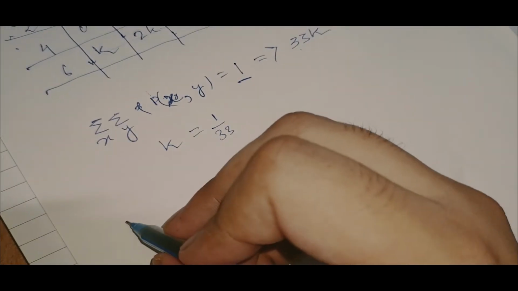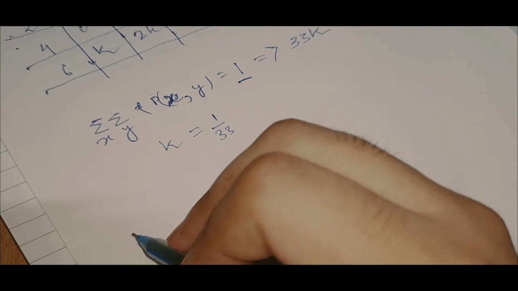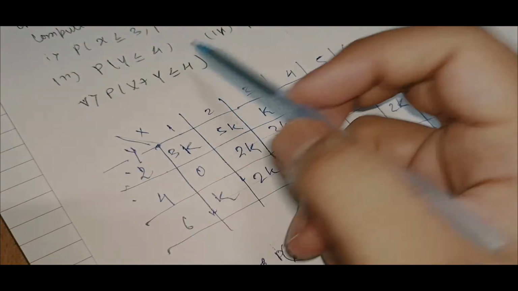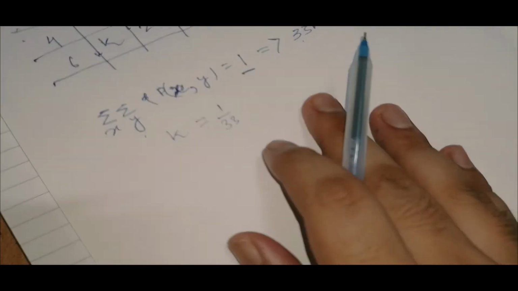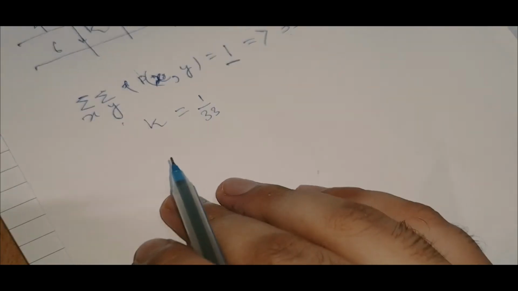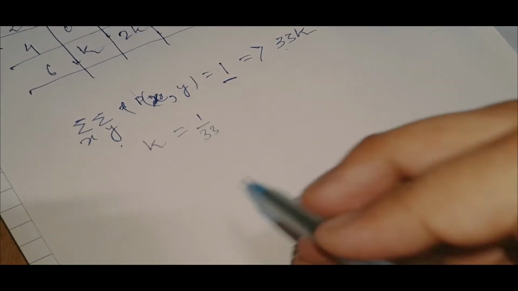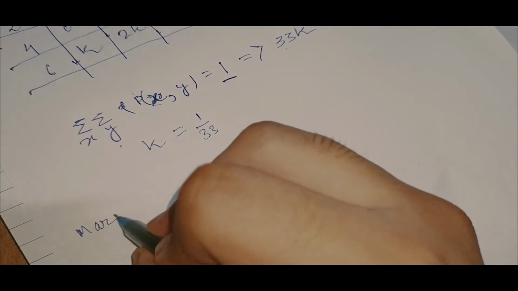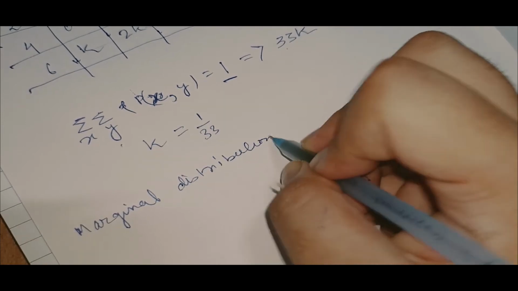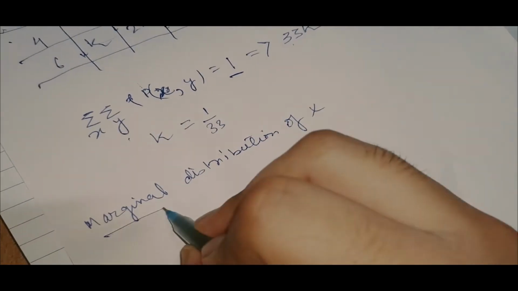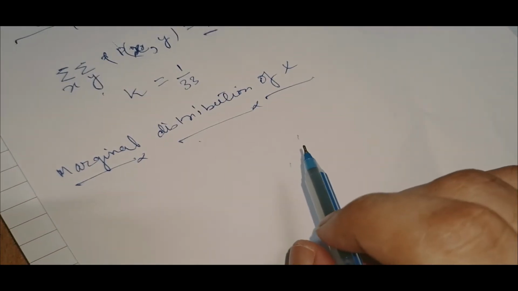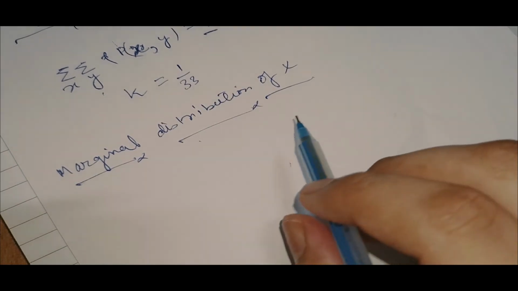Now we need to find the marginal distribution of x for calculation of all these values. Always remember, when you do such calculations, you should always find the marginal values of x and y. So how would we find the marginal distribution of x? Add the respective columns and put k equal to 1 by 33.